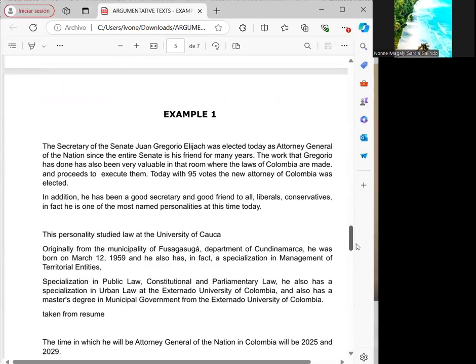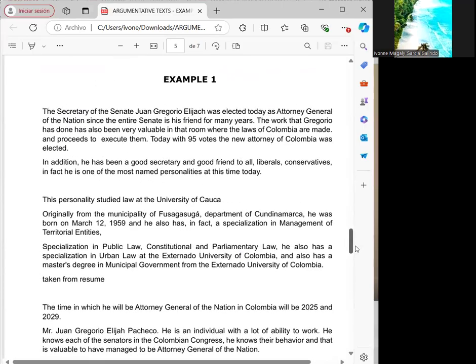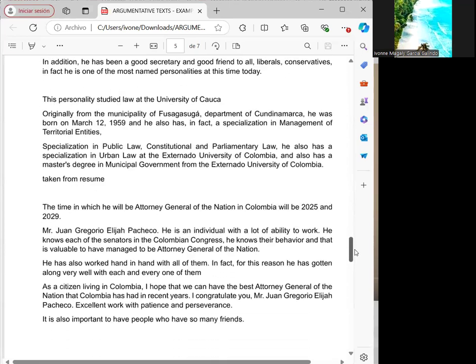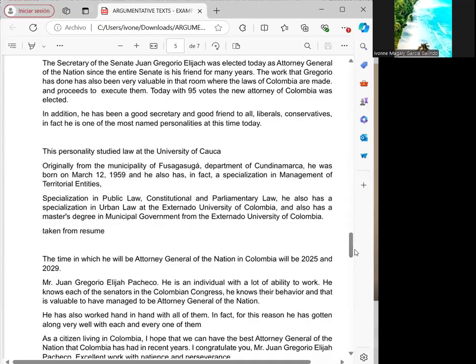So, if you see, this one could be a good subject for an argumentative test, but it's lacking most of the steps to have that argumentative test. Let's say that this is controversial, but she needs to take a clear stance on that controversy.